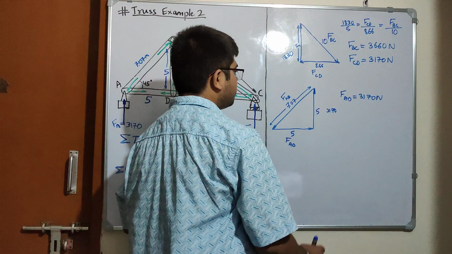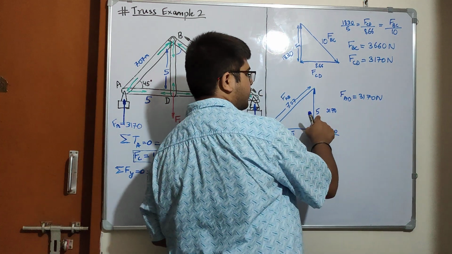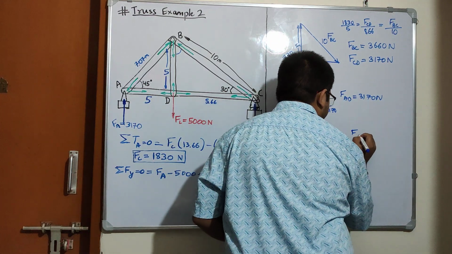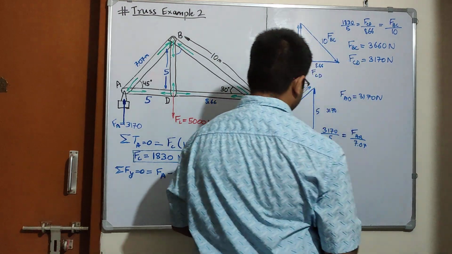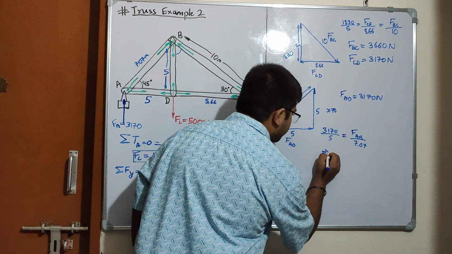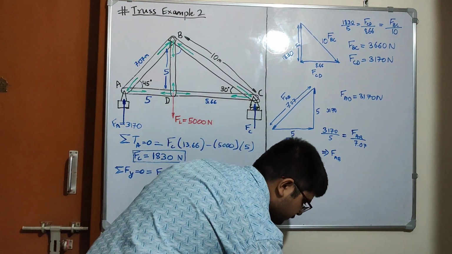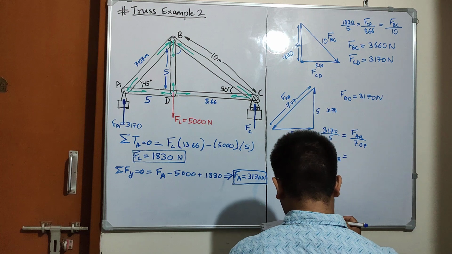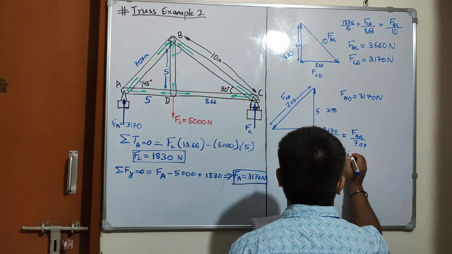And from the relation, 3170 divided by 5, this one divided by this, equals FAB divided by 7.07. From this, we have FAB equals 4482.